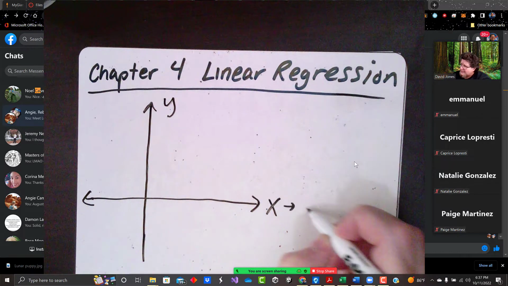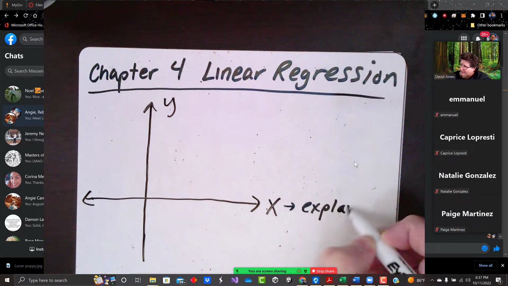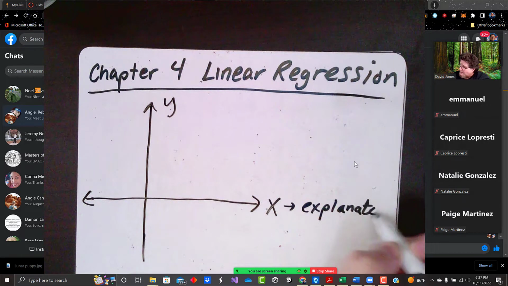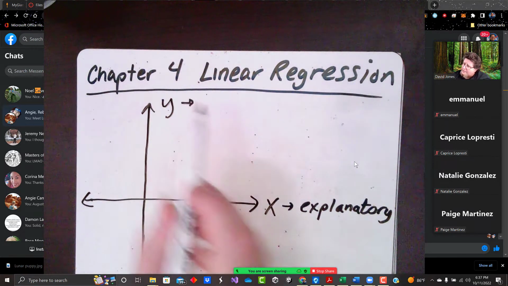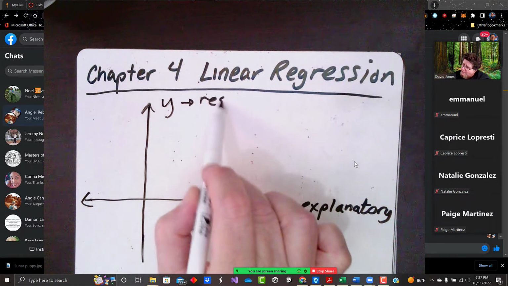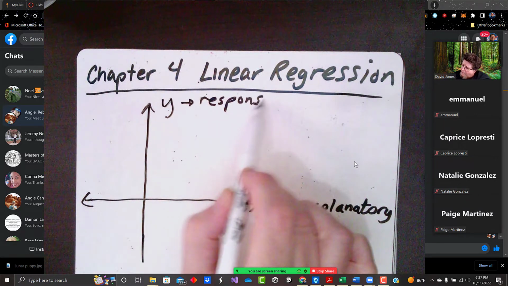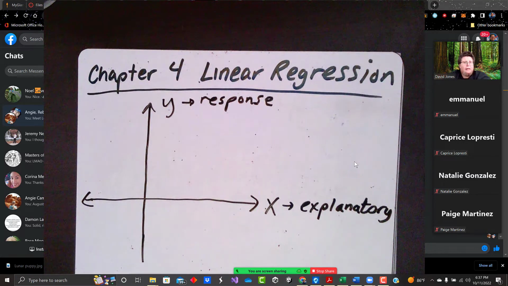The x-axis is the explanatory variable when we're doing statistics usually, and the y-axis is the response variable. This is called the Cartesian coordinate system. Usually we have a line on here.